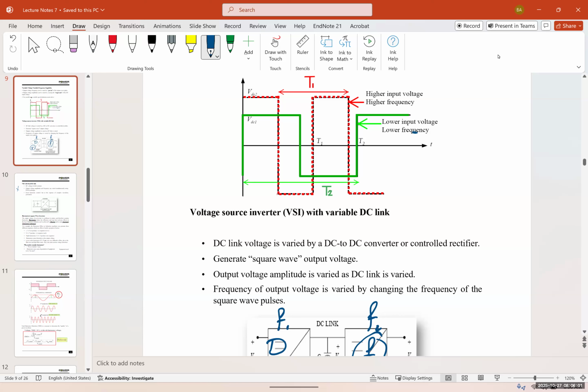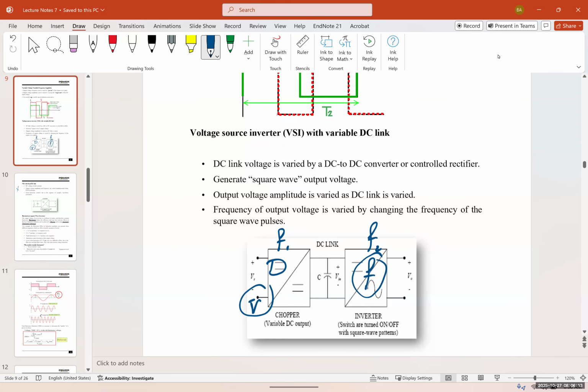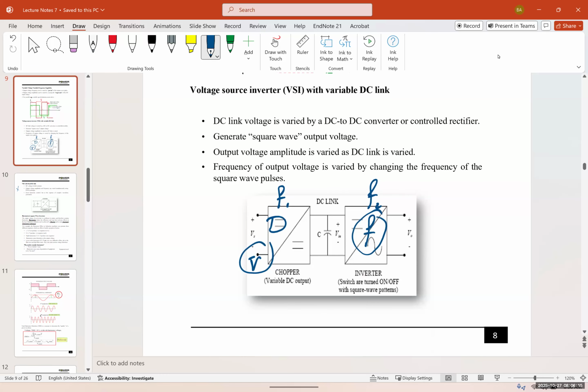To be able to control that, we can use a two-stage system, meaning we can use a buck boost converter at the input and precisely control the output voltage of that DC, and then feed it with a filter or a DC link to an inverter. So first we have a variable DC output, which is a buck boost converter, and then we have the inverter itself.